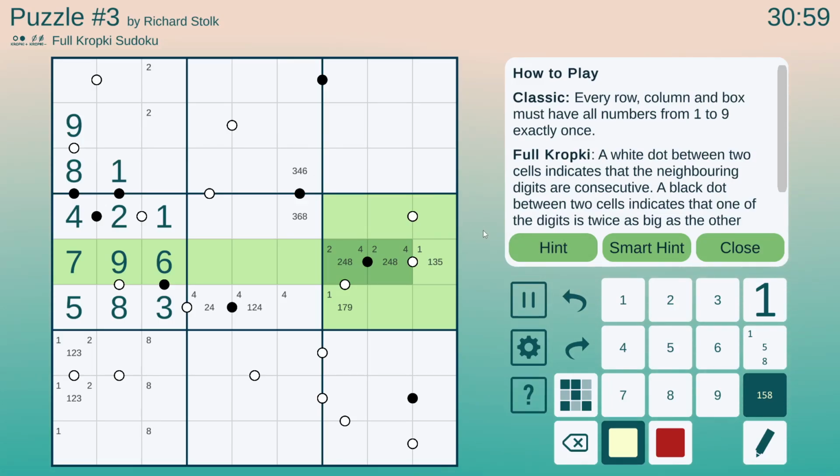Let's go back to this. Six here would force a 5 or a 7 in there, which doesn't seem that impossible to me. 5 forms this weird tetromino in there because of the non-consecutive thing.